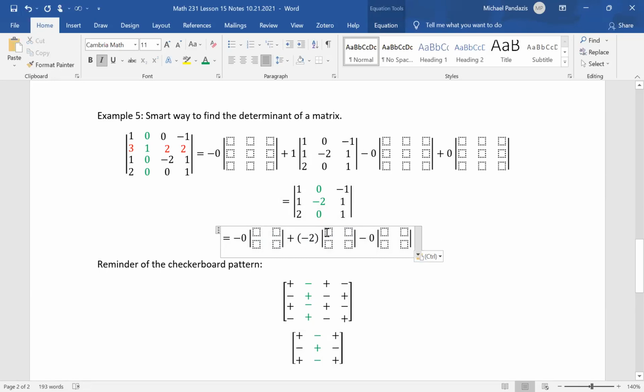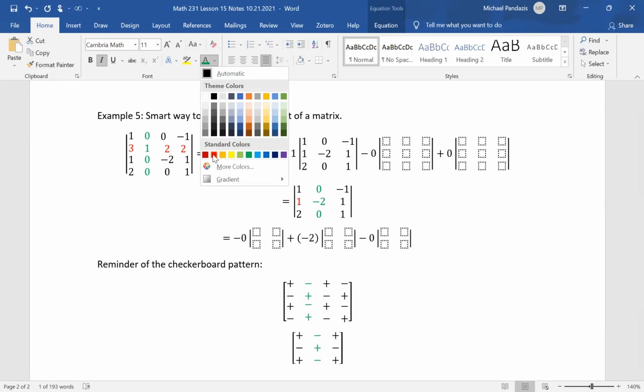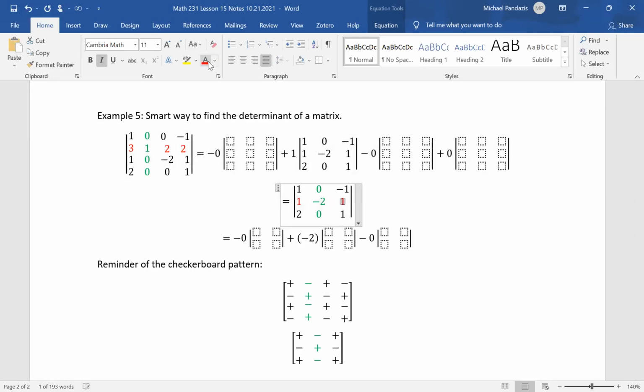Because this is the submatrix corresponding to this entry, you take this entry and remove the row and column it's in. First, the green entries go because they're in the same column. Then the entries in the second row are in the same row as this entry, so you remove these red entries also. The submatrix you get is 1, -1, 2, 1.